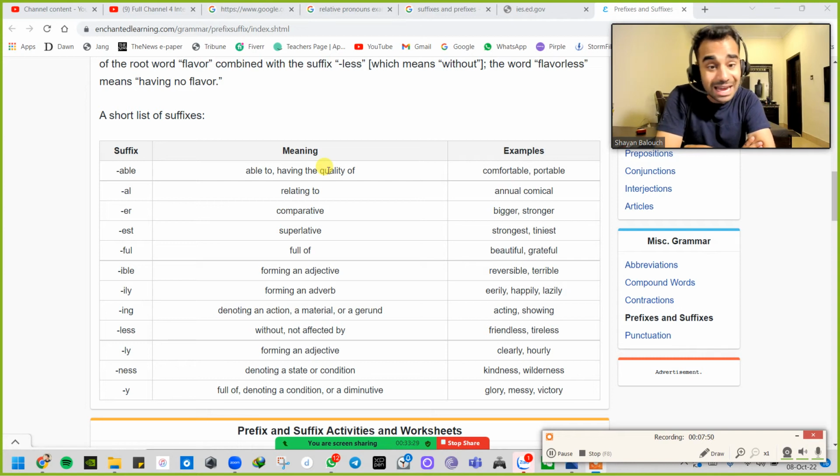For example, annual, comical, and then we have ER. ER is used for comparisons, for example, comparative: bigger, stronger, sharper, faster, or slower. And then EST is used for the superlative, again telling the degree, the intensity of that thing.